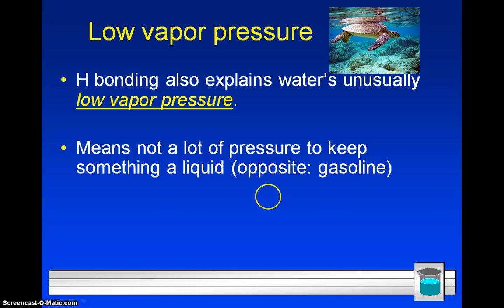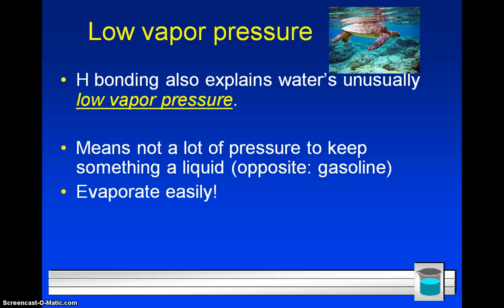Now, to give you an idea of the opposite effect, we can think of gasoline. Gasoline evaporates very easily. If you've ever left the gas can open in the garage in the summer when you've been mowing the lawn, or if you pump gas and get a few drops of gasoline on the ground, it evaporates almost immediately because it has a high vapor pressure.